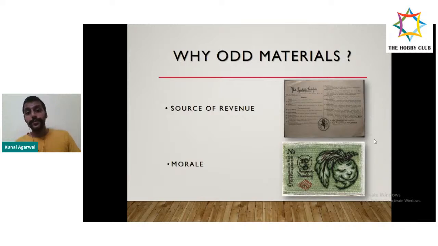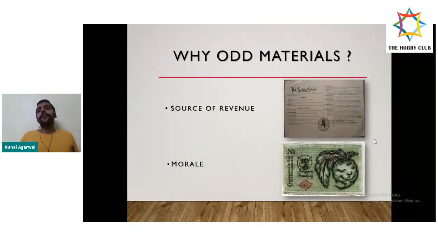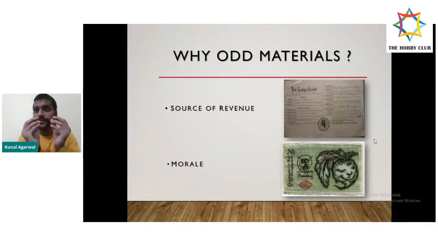Another important reason was source of revenue. What would you do if you came across a change or a coin which is made up of cloth or wood or some other interesting material? You would obviously try to keep some. Keep in mind it's change, a small coin, and it doesn't hold that much value currency-wise. So you obviously keep some for your collection, right?